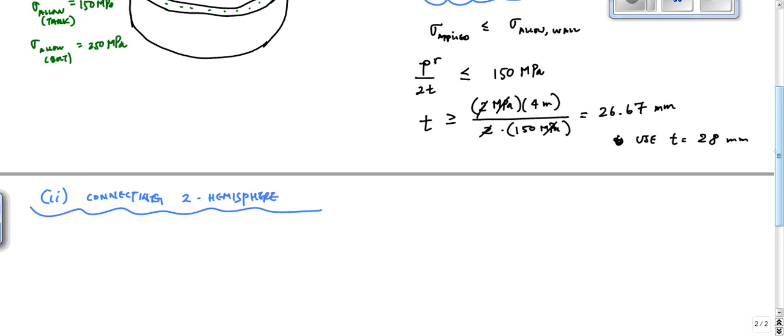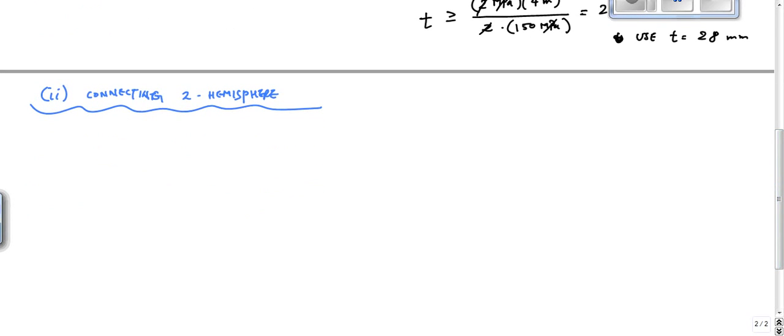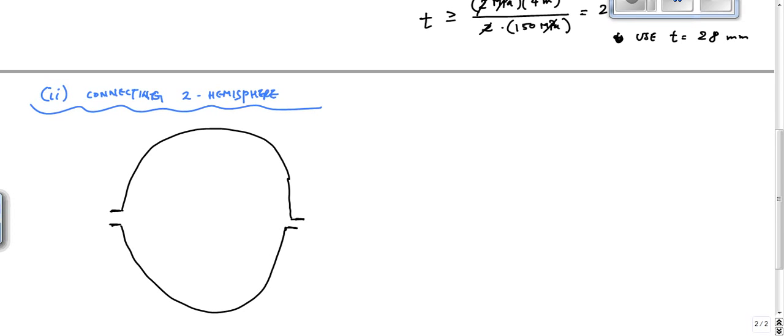If I look at a 2D cross section, I have my hemisphere, here's the lip, and then I have another lip and then another hemisphere, like this. The bolts go across all the way around.